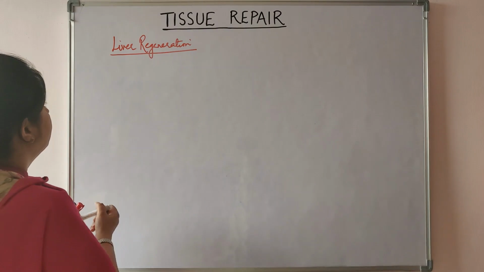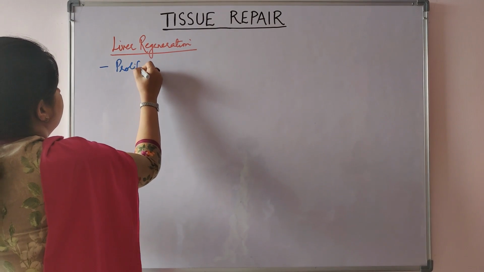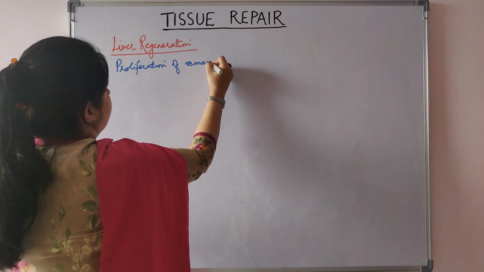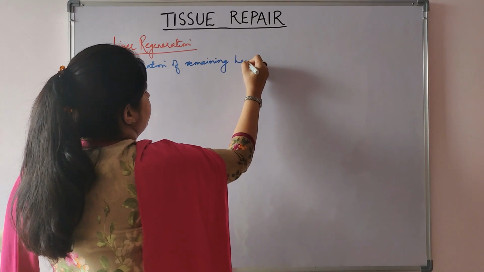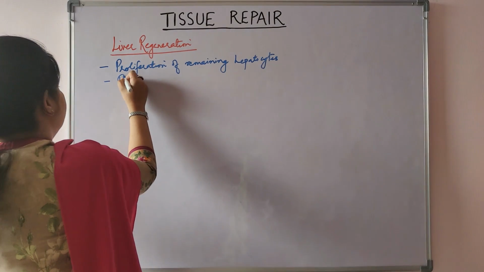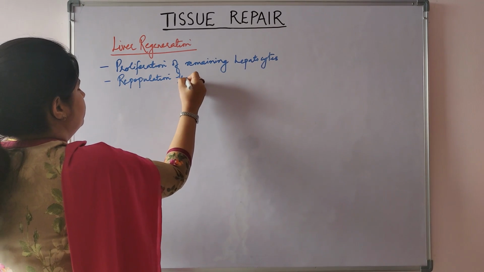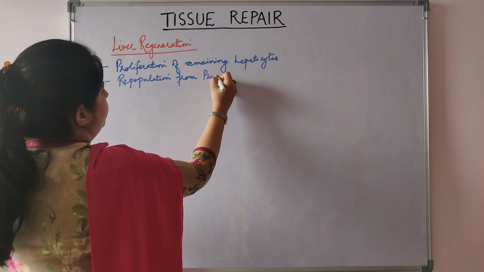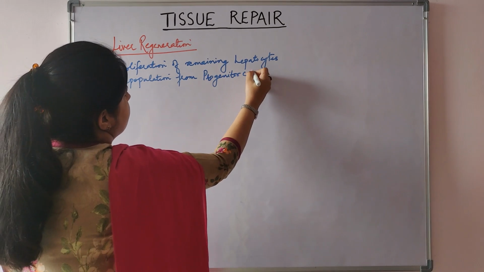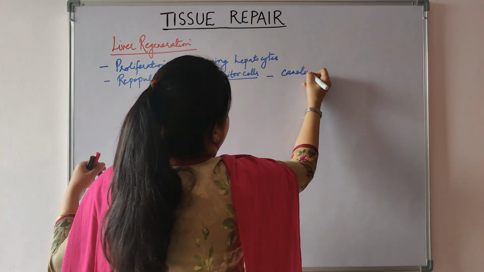These are proliferation of remaining hepatocytes, and second is repopulation from progenitor cells. These are present in canals of Hering.